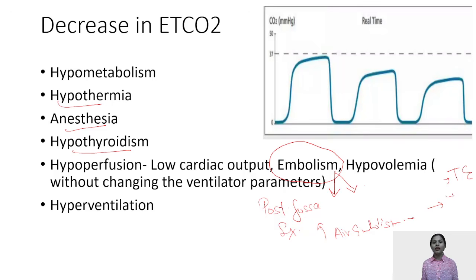Please remember that. And clinically, the diagnosis is made with the help of mill-wheel murmur. These two things you all have to remember when we talk about venous air embolism and sudden decrease in ETCO2.